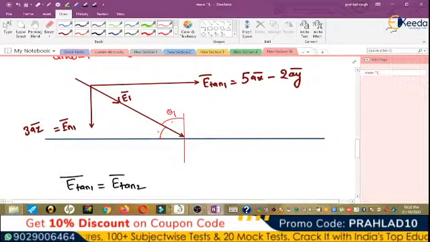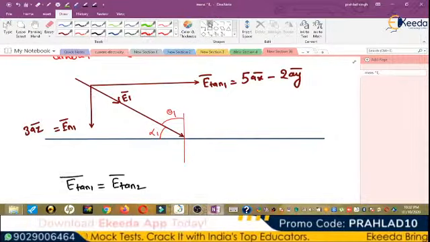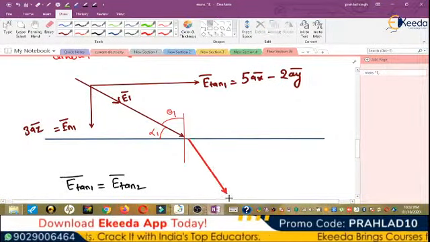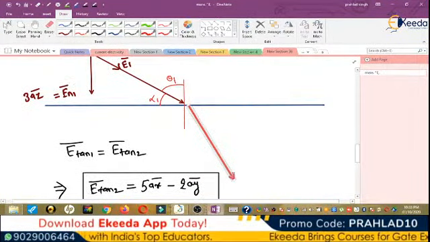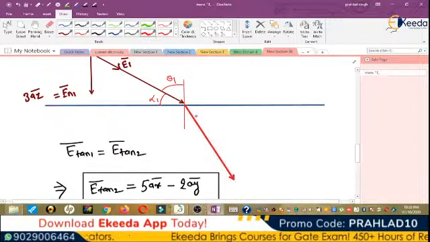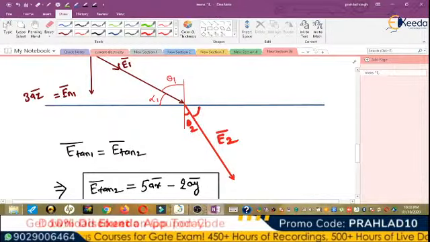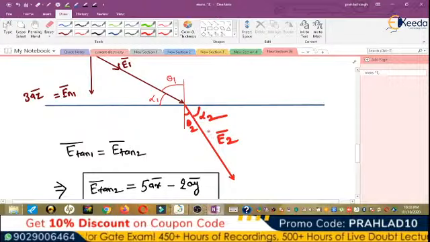This angle is the angle with the normal, and this angle is the angle with the interface. Similarly, suppose this is E2. So this angle is theta 2 and this angle is alpha 2.